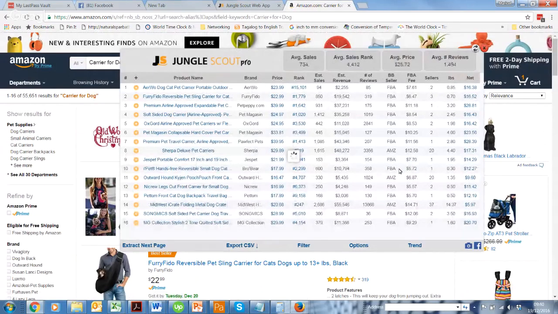Now, when we're looking down the first page, generally there's around 16 listings per page, and there's 16 on here. When you look at the estimated revenue, we want to be over 75,000 because then that shows that there's enough money in the category.